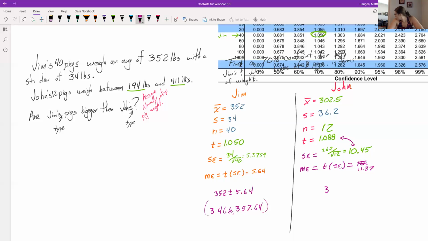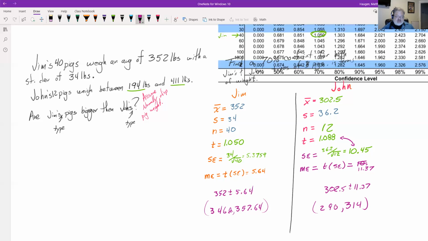For John, 302.5 plus or minus the 11.37 is about 313, 314 on the upper end, and 290-ish on the lower end. I'm just approximating here real fast because I know you guys have to go.